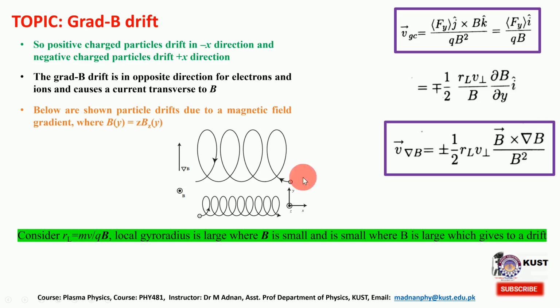Because of the gradient in the magnetic field strength, the Larmor radius will have a local change, and that gives rise to a drift.